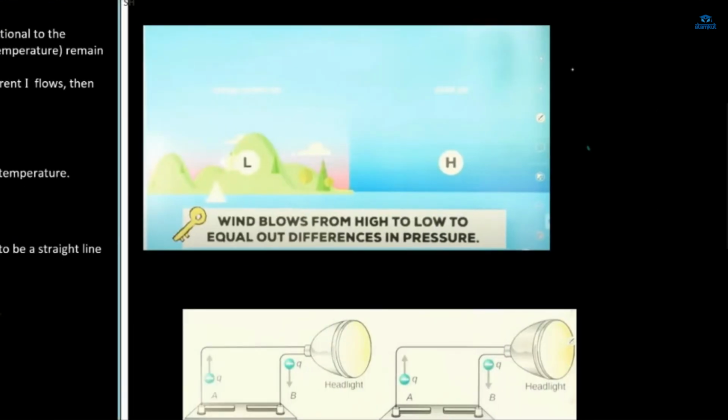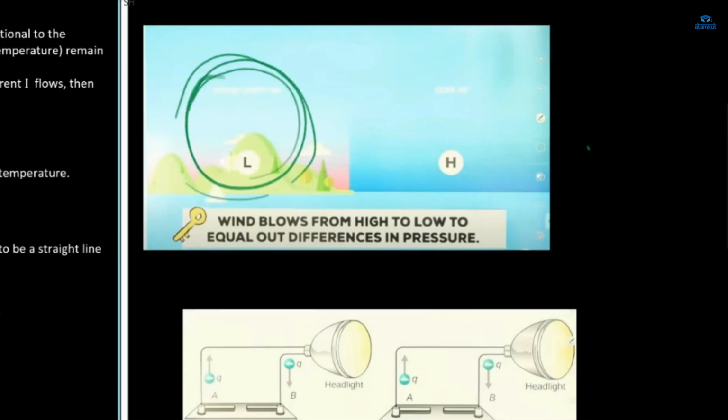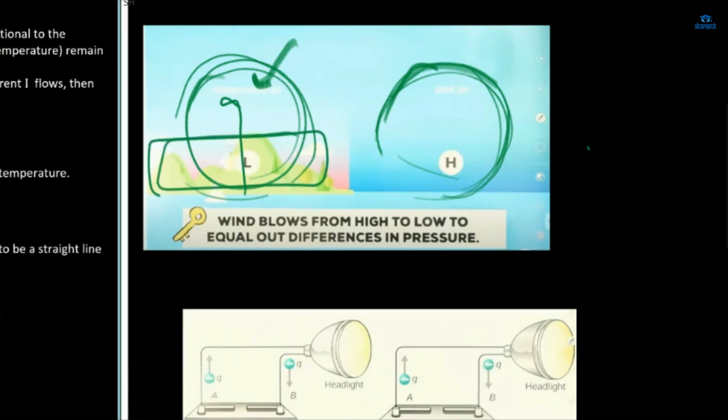Here, suppose there is a cold region here, and a hot region here. This is the cool air, and here the hot air is there. Hot air rises up, right? It rises up and creates a vacuum type of thing, because here there will be less air.